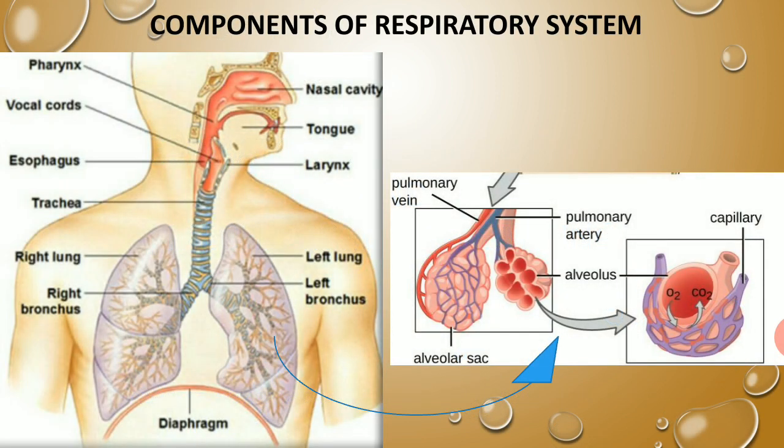Now first of all, the respiratory system. It's a very special system found in the organism which is involved in breathing and respiration. Now if we see the respiratory system, there are several structures that are involved. The first one is the nostril.